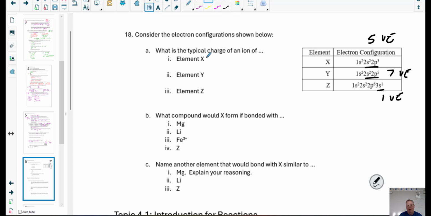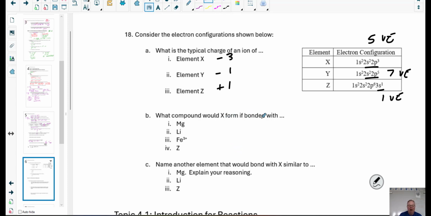So element X, if it has 5 valence electrons, we know it wants to get 8, so it needs to gain an additional 3. So this would typically give you a -3 charge. Something like fluorine, 7 valence electrons, is going to want 1 more and be -1. And element Z with 3s1 is going to likely get rid of this extra 1 to give me back 8, and that's why this would be +1.